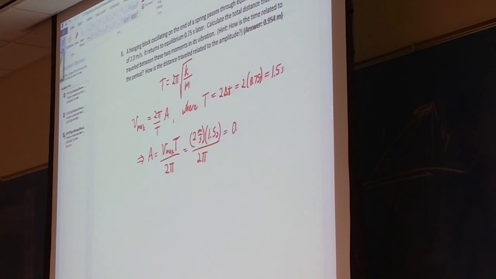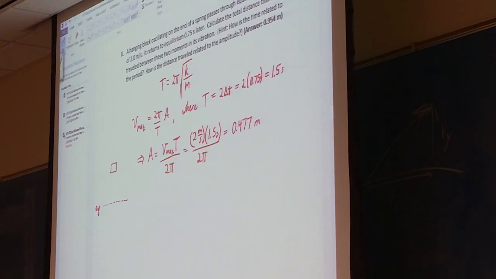Which gives 0.477 meters. All right. So is this the quantity that it's asking for, the total distance traveled between those 2 points in the motion? Here's equilibrium.